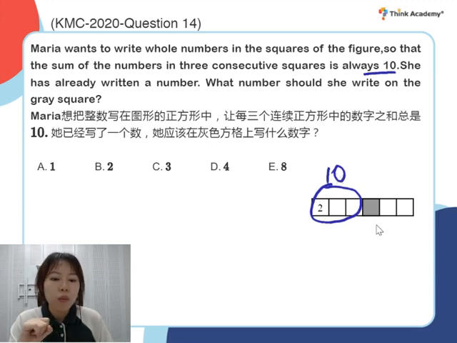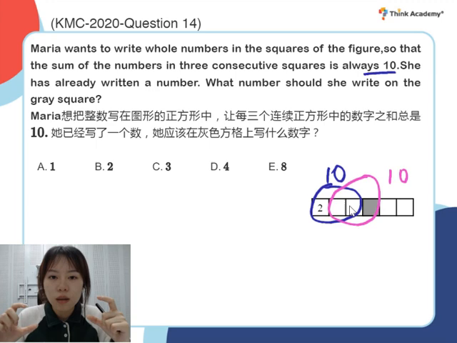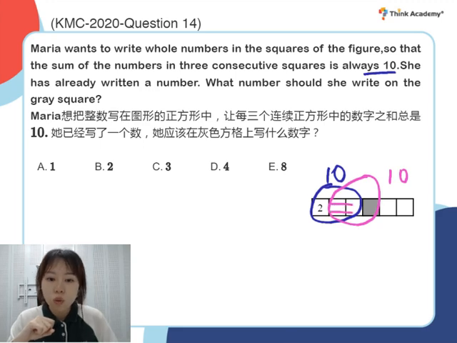Very good. And what about this gray square? Can we have some connection with this gray one? If I find a new group, this pink one, it's also 10. And these two groups have an overlapping part. They have something in common, which is this 2 square. So in the blue group, 2 plus this 2 equals 10.